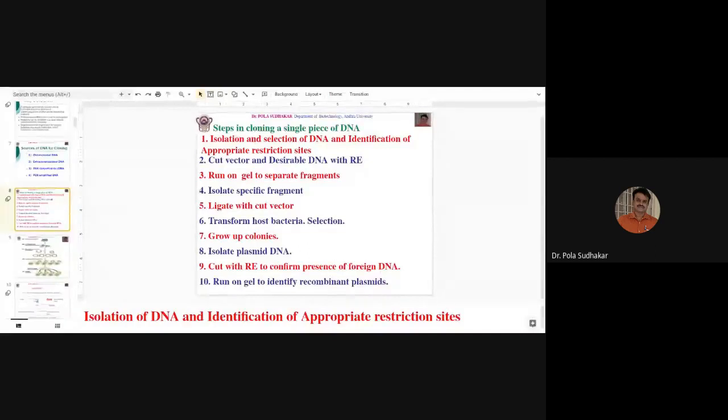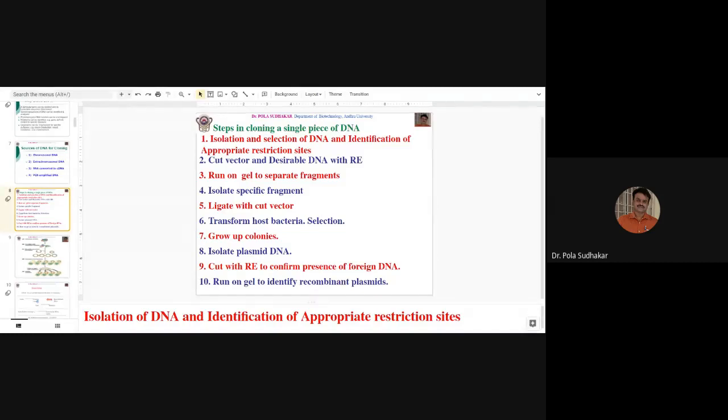Second is cutting the vector and desirable DNA with restriction endonucleases. The next step is running on a gel to separate fragments, that is agarose gel electrophoresis, and isolating the specific fragment. Then the ligation with the cut vector.